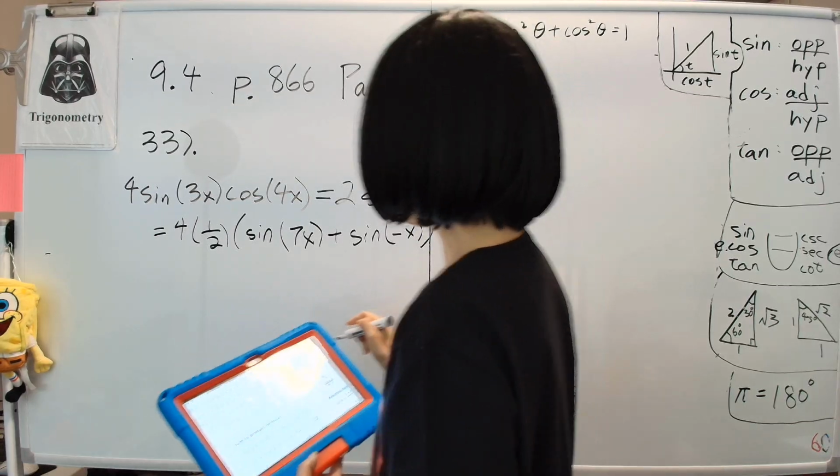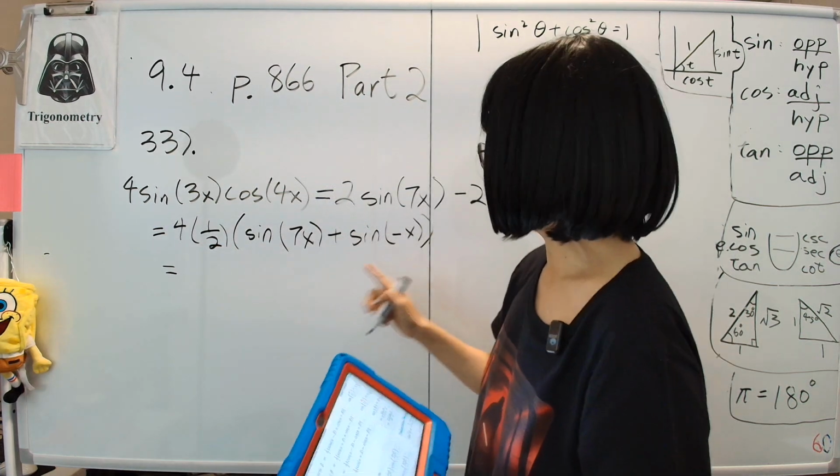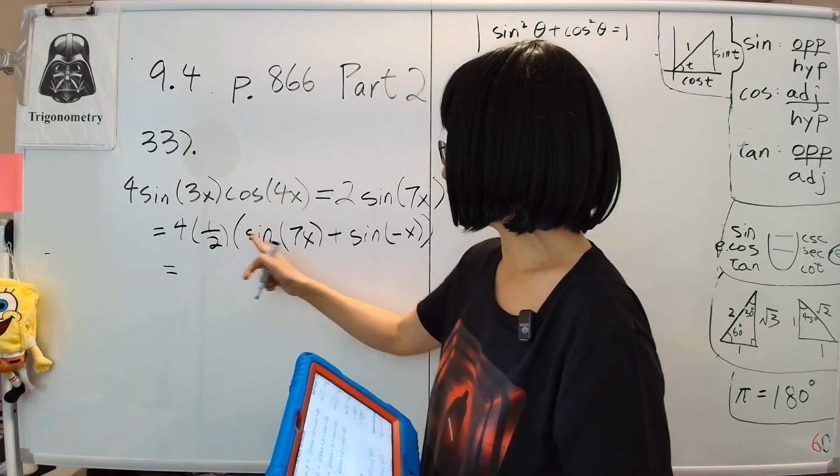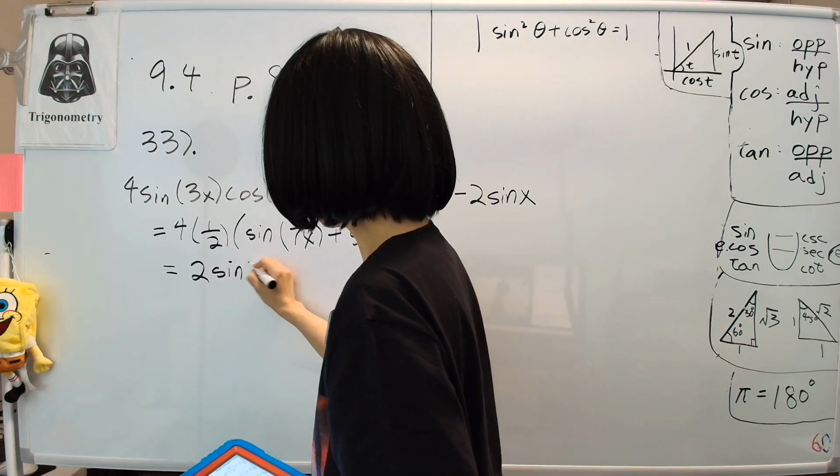So when we multiply everything out, it becomes 4 times half, that's 2 times sine of 7x.